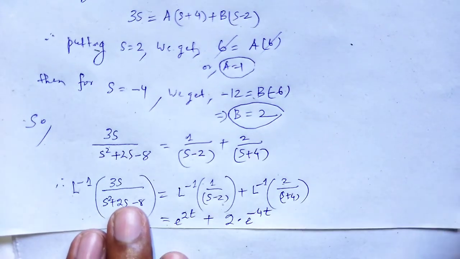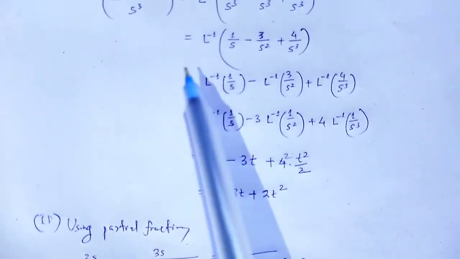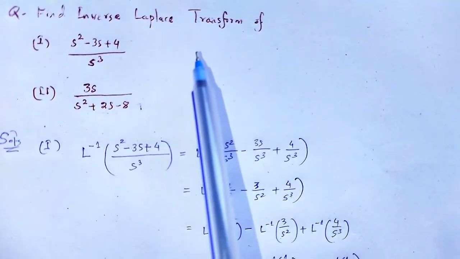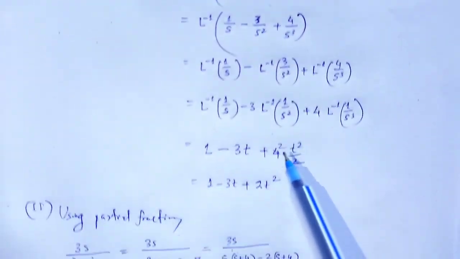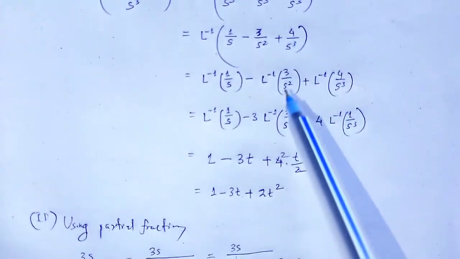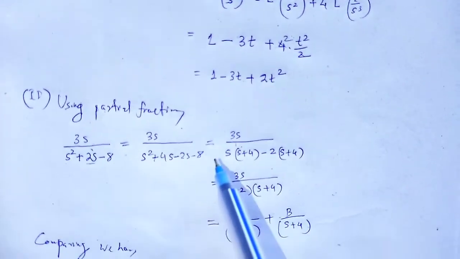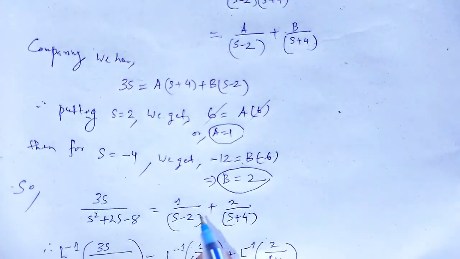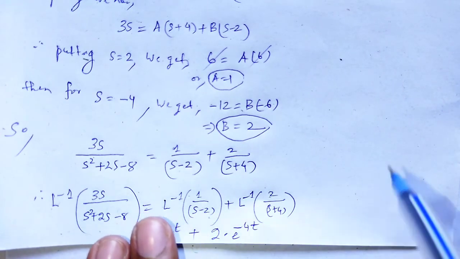That one is the required result of the inverse Laplace transform of that kind of question. We have to evaluate the inverse Laplace transform of these two functions by using the formula of inverse Laplace transform, and that kind of problem is solved by the partial fraction method, as a and b are evaluated and those values of a and b are put in, and finally we express the inverse Laplace transform of that kind of function.